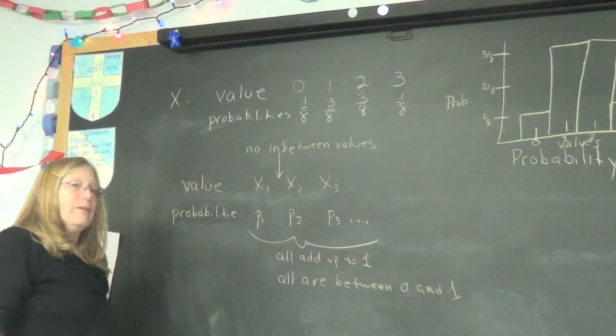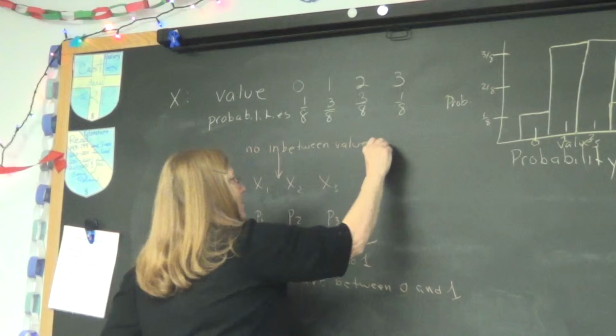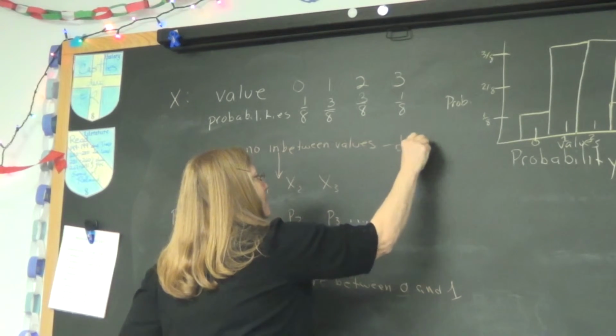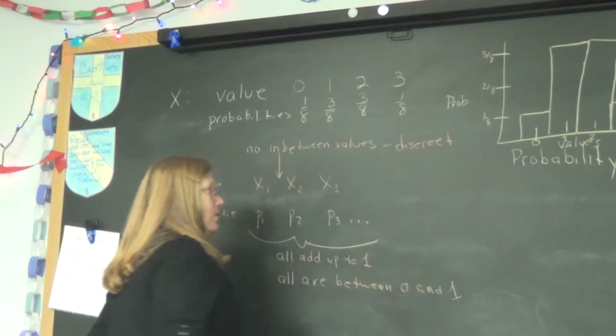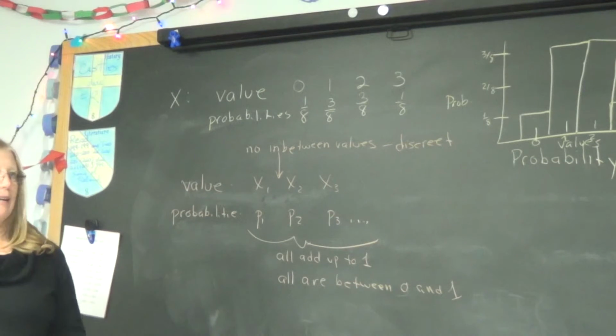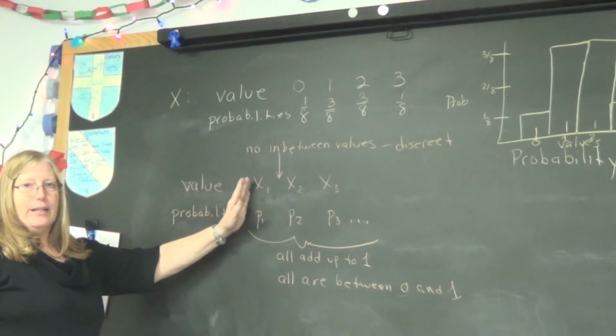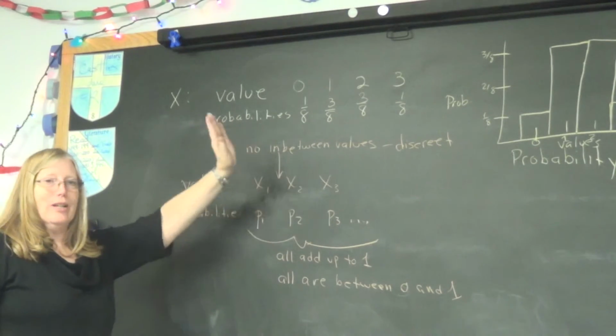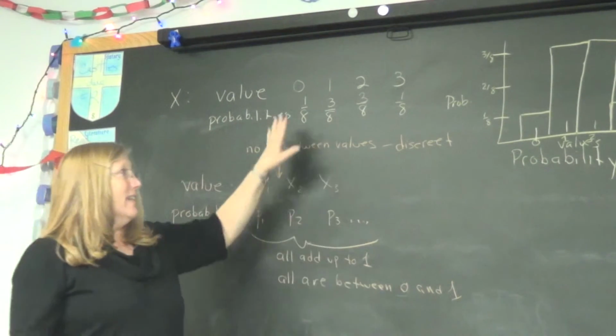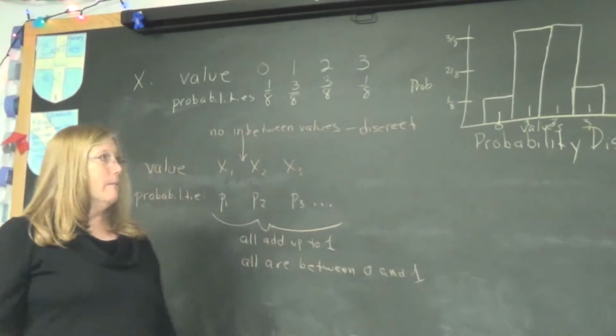So when that happens, we give that a special name. It's called discrete. That means we can't have 1.5, 2.5, 1 3/4. There's nothing in between the two values. It's either a 1 or a 2 or a 0 or a 3. These are the possibilities and nothing in between.